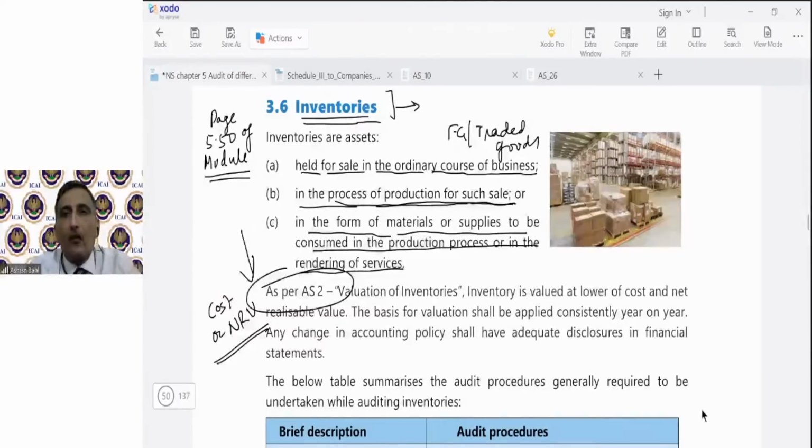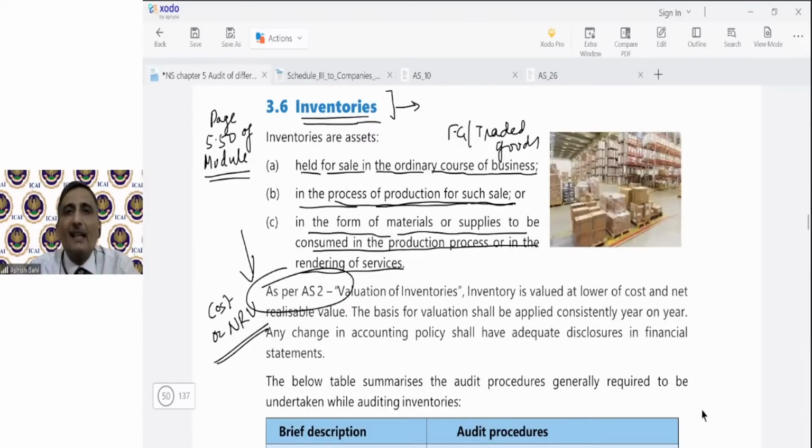Whatever method for valuation of inventories, that is cost or net realizable value, has been followed by a company, has to be followed consistently year on year, and the company is required to disclose this in the financial statements. Any change in the accounting policy is required to be disclosed.